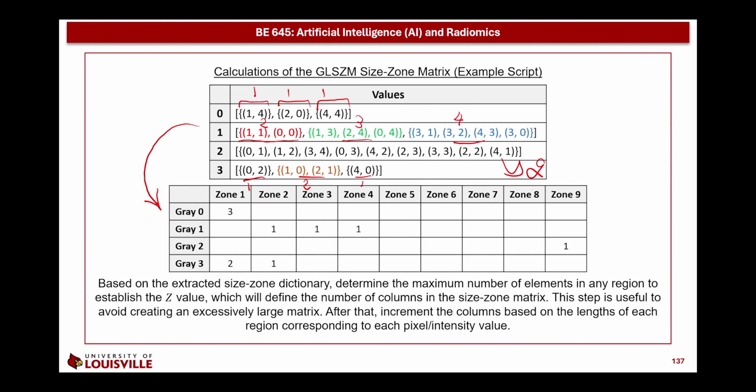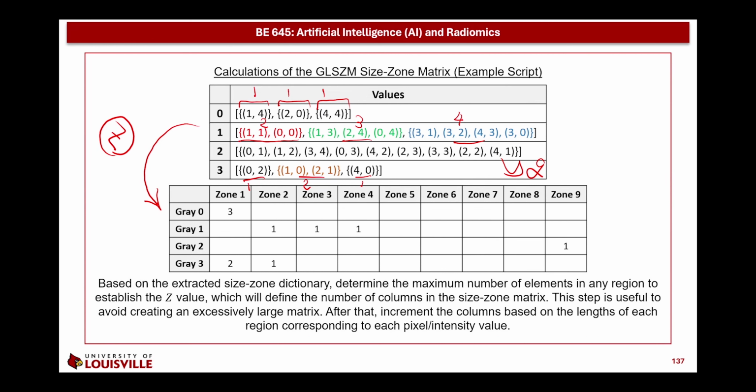Why do we do that? Because once we get the maximum number, we will create the size zone matrix and define the z-value. As I mentioned a bit earlier, we assumed the value of 10 for z, as we did here, and we mentioned that theoretically we need to multiply the shape, which is the maximum zone level that can be reached.